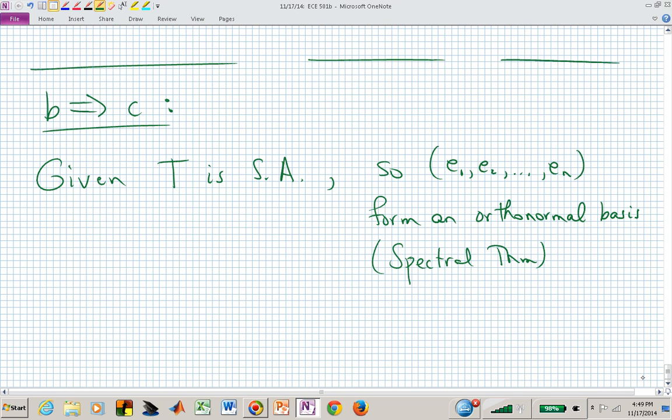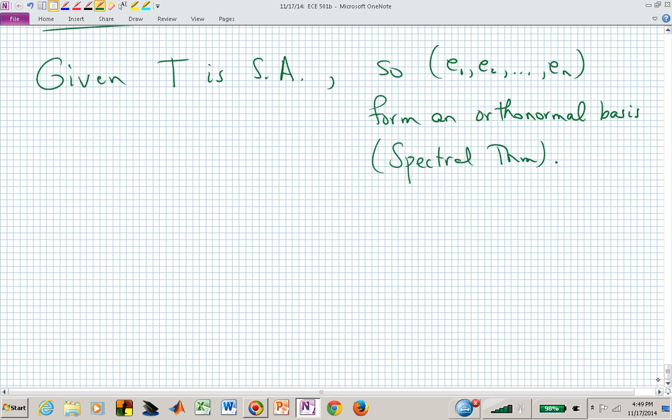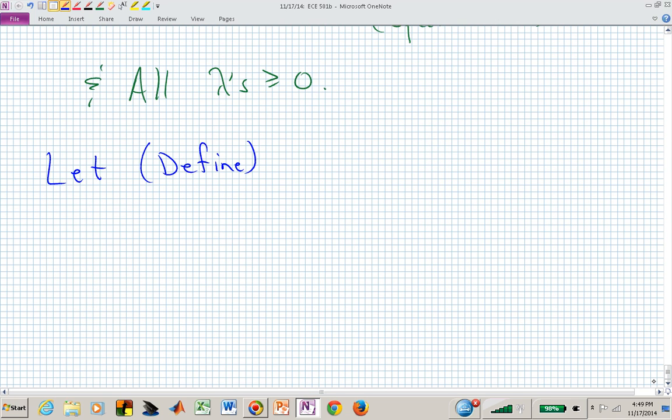and we can say that that's true because of the spectral theorem. That's the first part of statement B, and the other part of B was that all the lambdas, the eigenvalues, are non-negative. If that's true, now let's go ahead and create something. Let, or you could say define, and now what I want to define is actually a particular relationship.